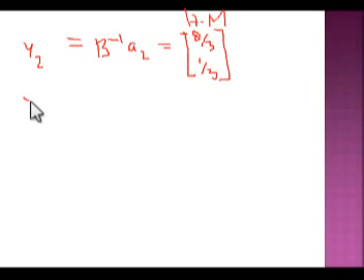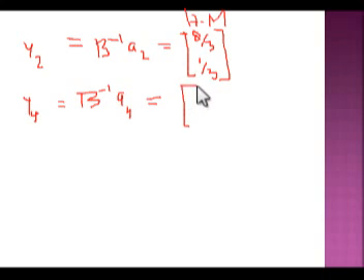And y4, it is already out, so it must be positive. You can earlier assume that, but yet we are verifying B inverse a4. This will come after putting the value 1 by 3 and 2 by 3.